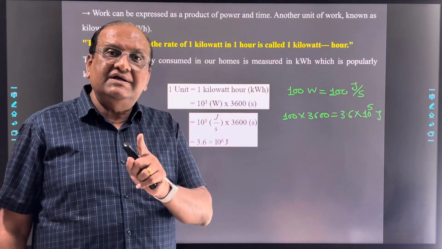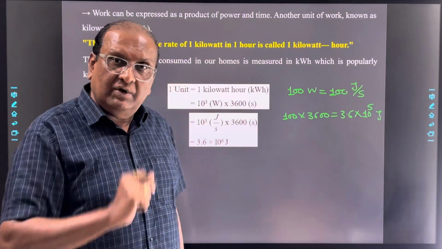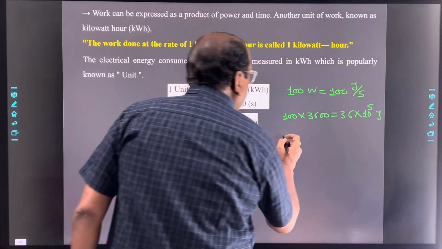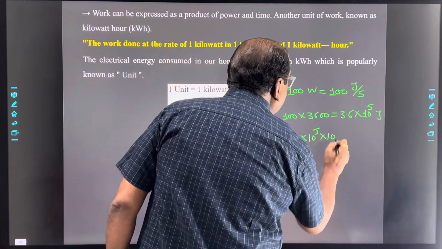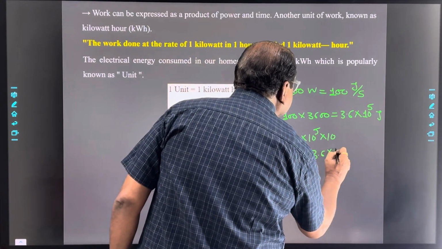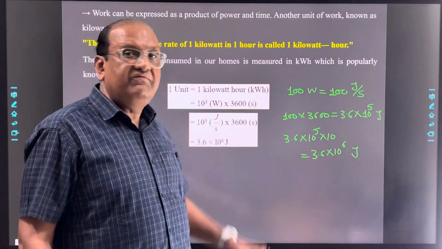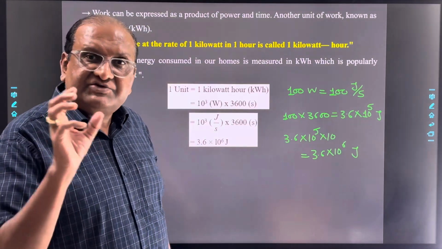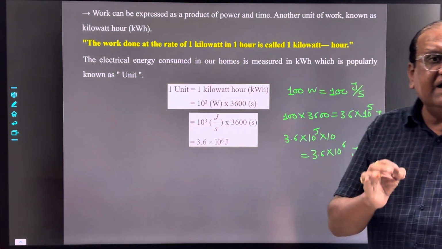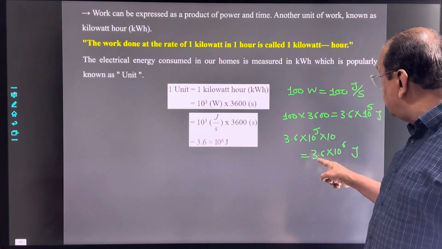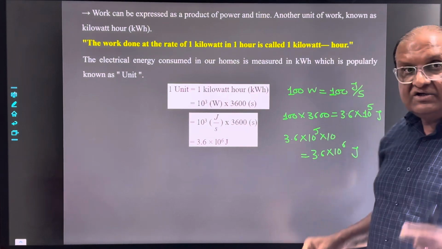Now suppose we keep this bulb glowing for 10 hours. Then we can write 3.6 into 10 raised to 5 into 10. So this is 3.6 into 10 raised to 6 joule. It implies that if a 100 watt bulb is switched on for 10 hours continuously, then the electrical energy consumed will be equal to 1 kilowatt hour, meaning 3.6 into 10 raised to 6 joule.